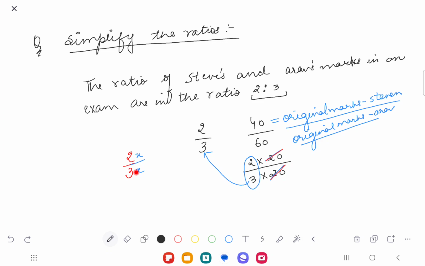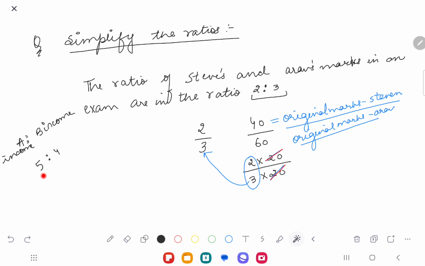So you should understand that if I say somebody's ratio is 5 is to 4, A's income is to B's income, income, you understand, the money the person earns, is in the ratio 5 is to 4. Do you really think the person will earn only 5 rupees?